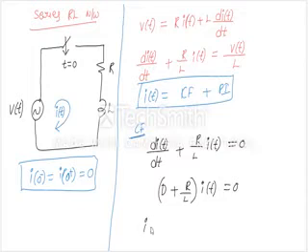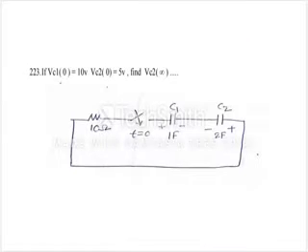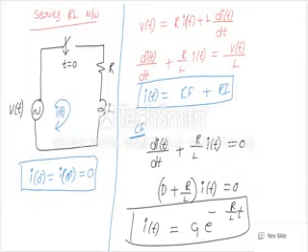Then we get the complementary function I of t equal to C1, a constant, e power minus R by L into t. This is the complementary function. Now let us find the particular integral, the PI.